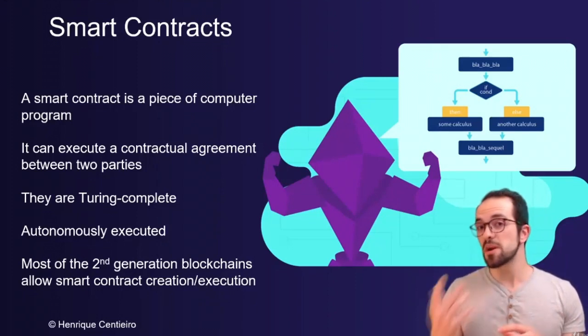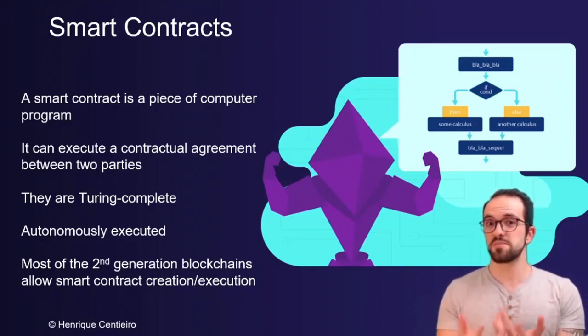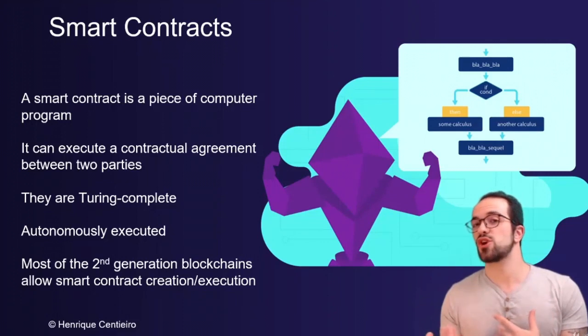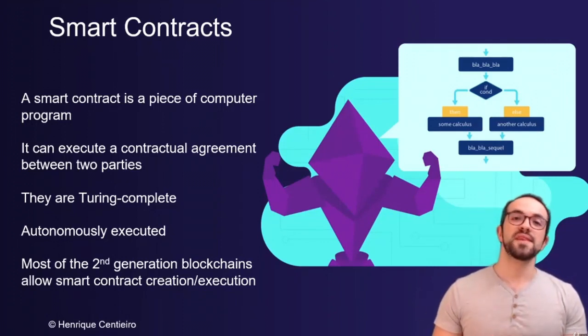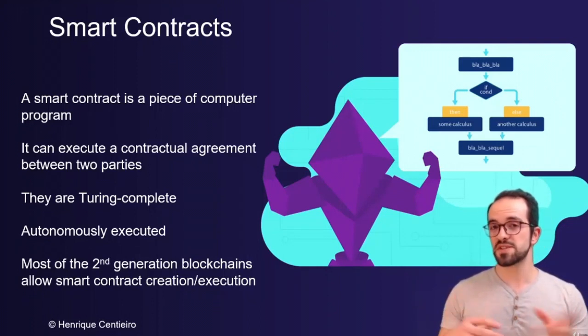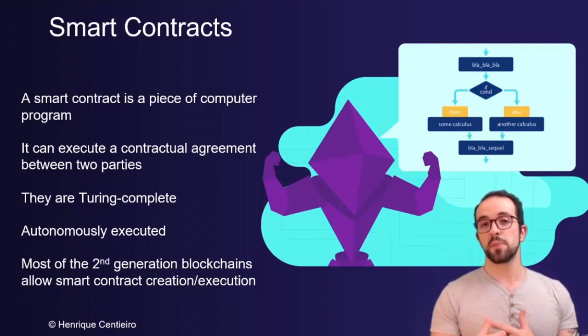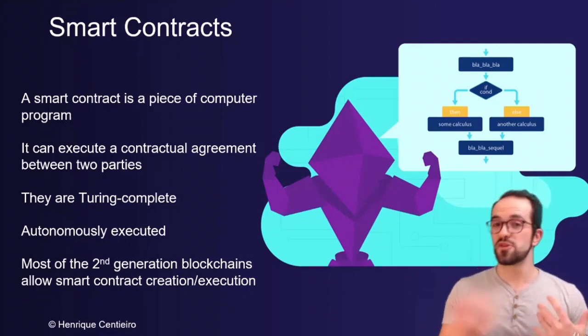They are Turing complete. They use Turing complete programming languages, meaning that they can execute conditional statements and conditional branching. Basically, these conditional statements and branching are used by programming languages with the if, then, else computer logic.